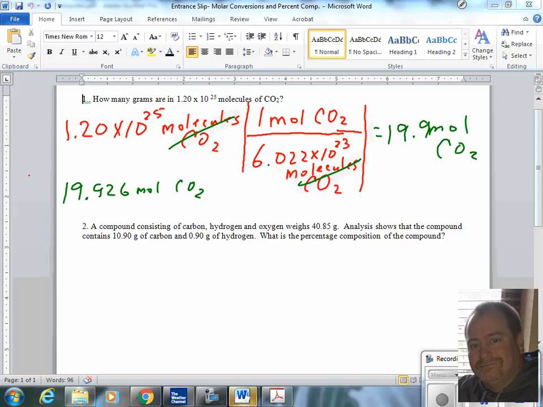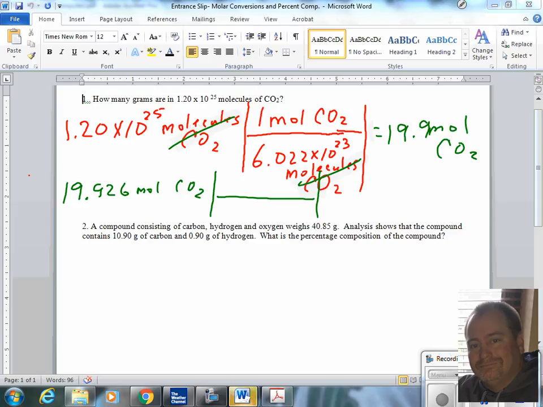Well, I'm not done because I need to go to mass. So I need to find the molar mass of carbon dioxide. 15.9994, there are two of them. That's oxygen.